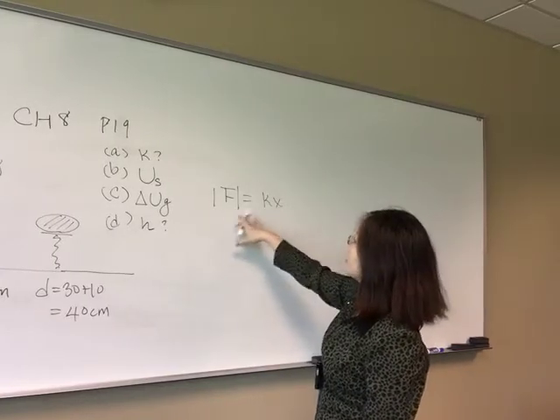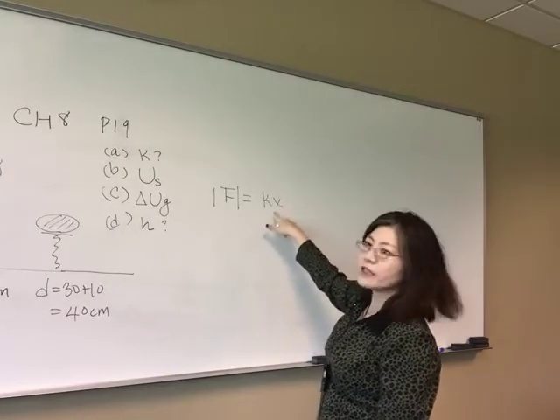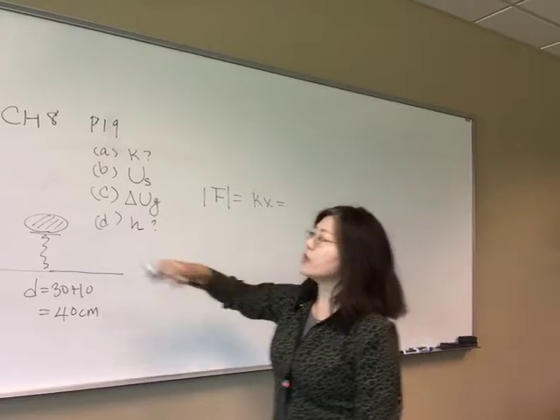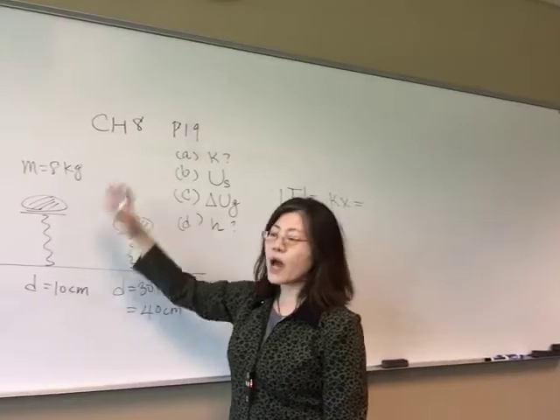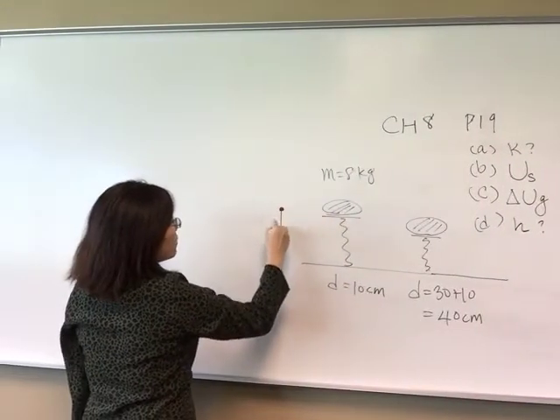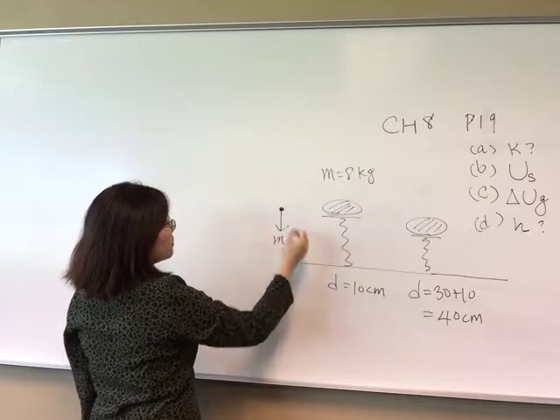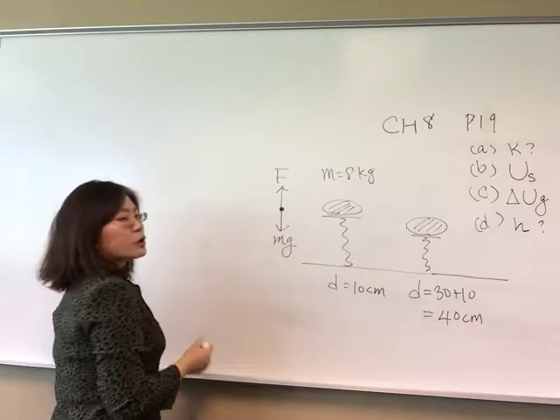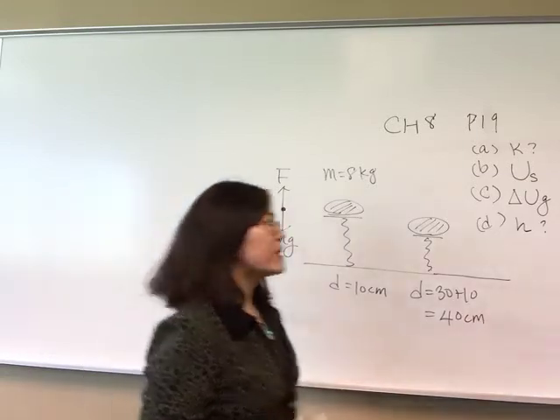So the force magnitude is equal to the spring constant times the displacement, and that must be equal to the weight of the stone so that everything is balanced. If you draw a free body diagram, this is the gravity of the stone, and this is the spring force. These two have to be balanced and pointing in opposite directions.